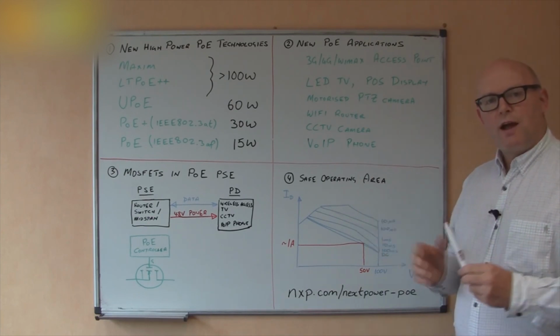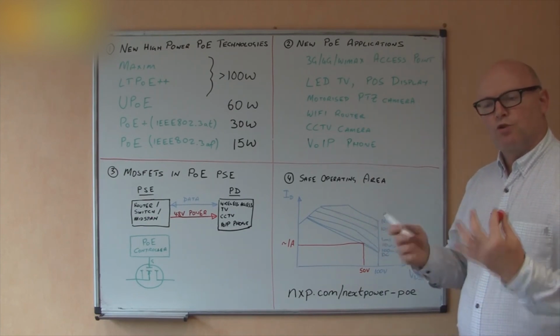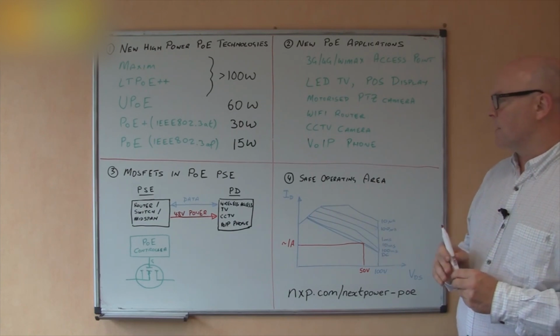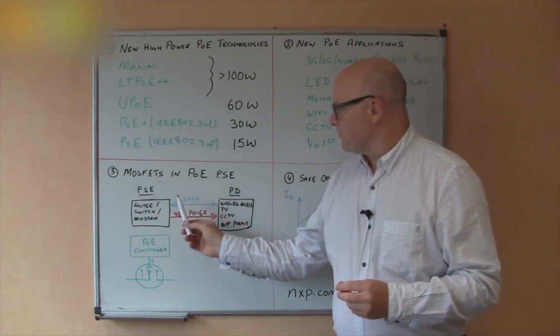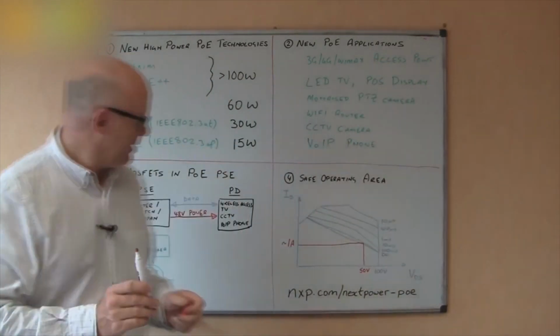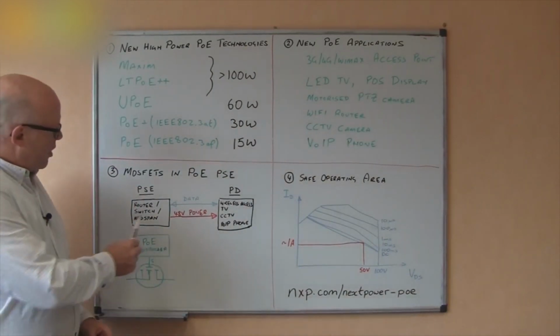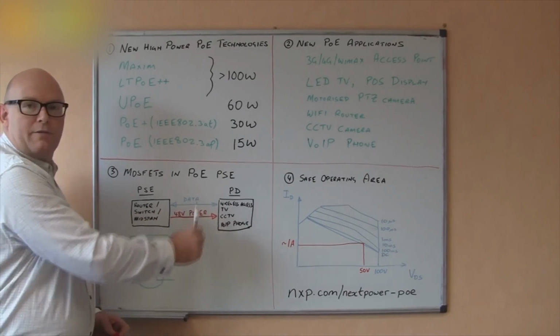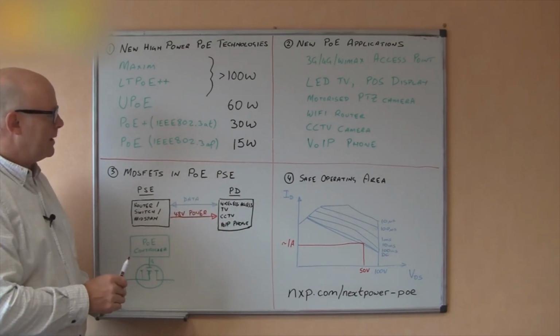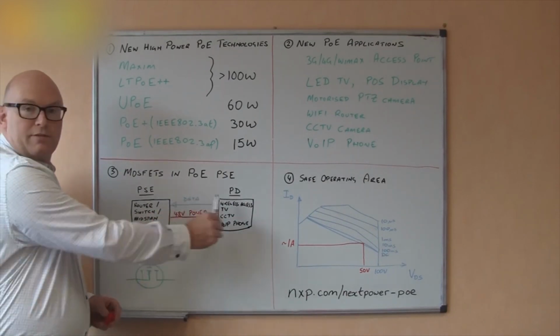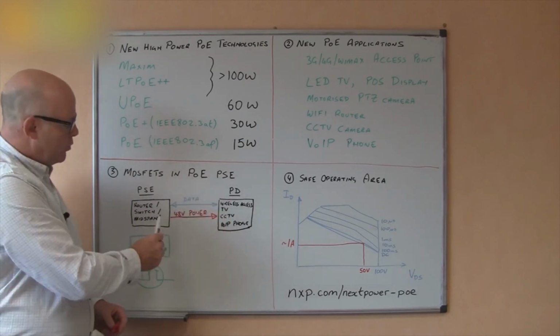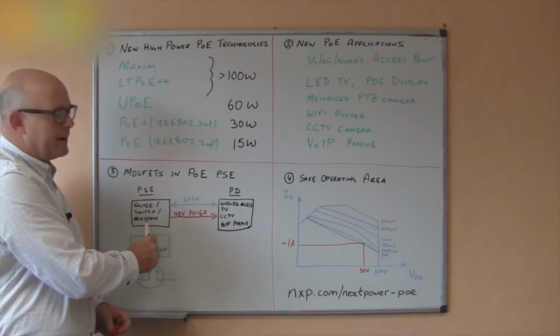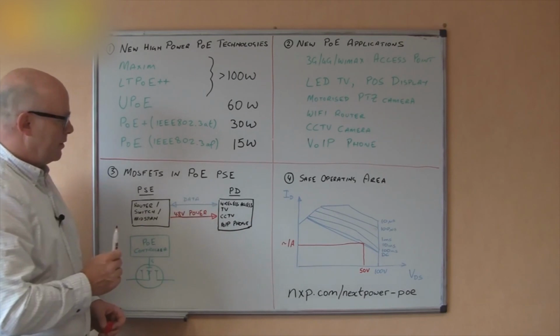What I'll talk about now is what sort of role the MOSFETs have in PoE equipment. So we can see here, we come over this side. We have our PSE or power supply equipment, and we have our PD or powered device equipment, and the data is flowing between the two, and a 48 volt power supply comes from the PSE to the PD.